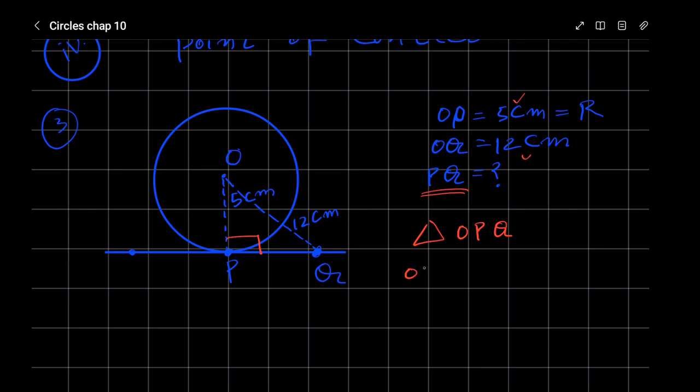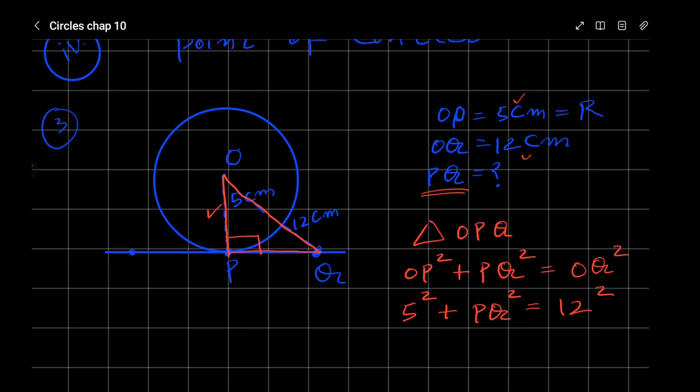According to the Pythagoras theorem, OP squared, one side squared, plus the second side squared, PQ squared, will be equal to the hypotenuse OQ squared. Now it should be very obvious. Let us put in what is available. OP is nothing but 5. So 5 centimeter squared plus PQ, we don't know, we need to find out, so let us write PQ only. And OQ is the hypotenuse, which is 12 squared.